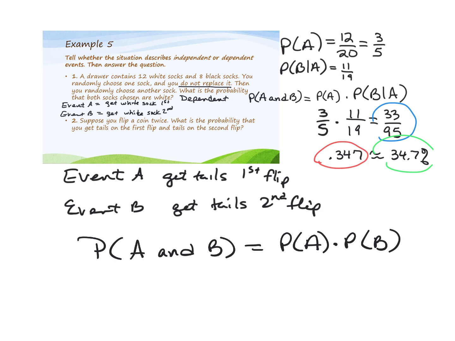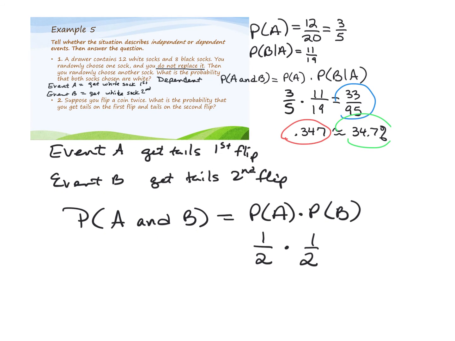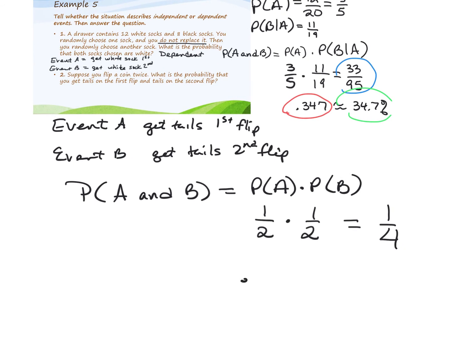So the probability of flipping a coin and getting a tail, there's one tail out of 2 outcomes, and the same thing for the second flip. So 1/2 times 1/2, and the probability as a fraction is 1/4. As a decimal, 0.25, and as a percent, 25%.